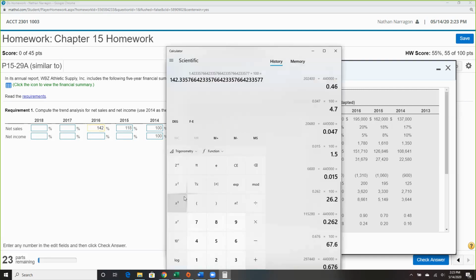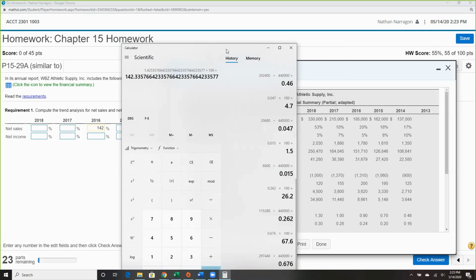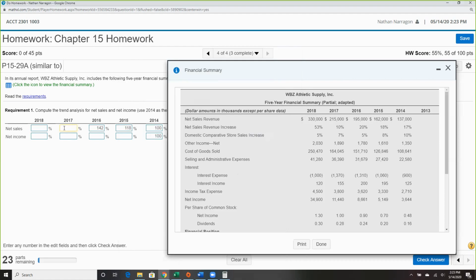Okay. 17. 215,000 divided by our base times by 100. Wow, 157. We're doing pretty good on net sales. Okay.